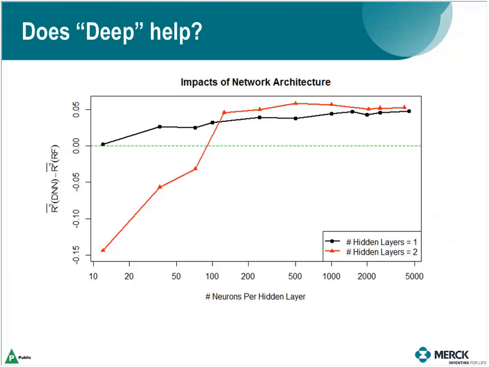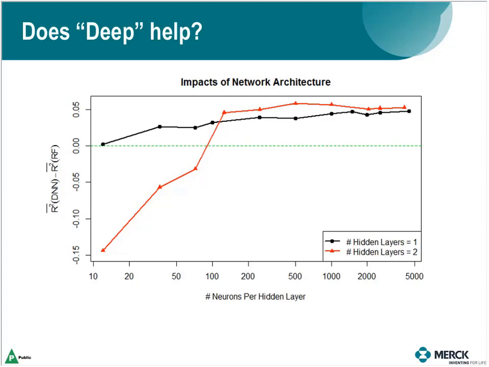The x-axis is the number of units in each hidden layer. The y-axis is the performance, the difference between the neural network and the random forest. This is the average across all 15 data sets. The red line means 2 hidden layers. The black line means 1 hidden layer.